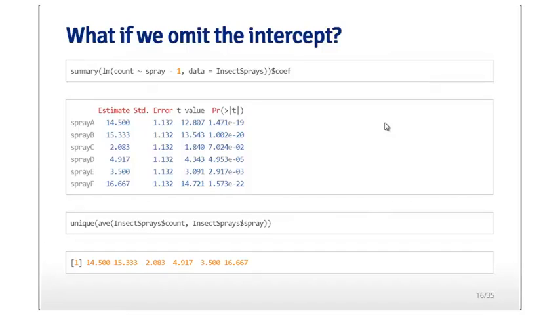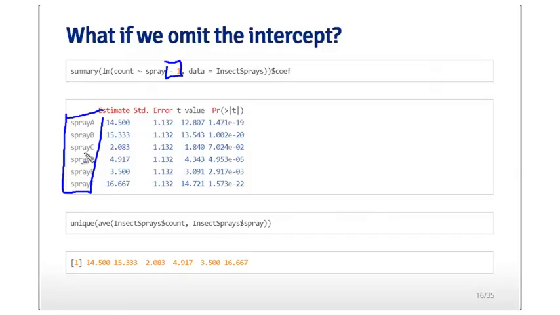And then if you omit the intercept, it includes all 6 sprays. That again makes sense, because now the spray A indicator is not a linear combination of the other sprays.